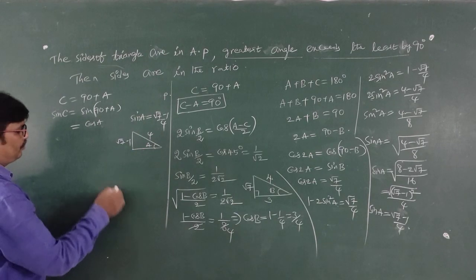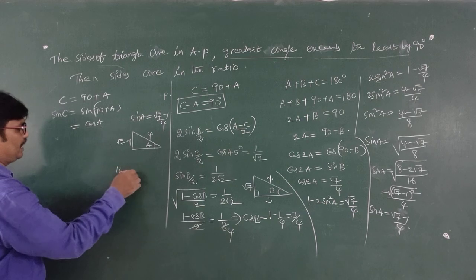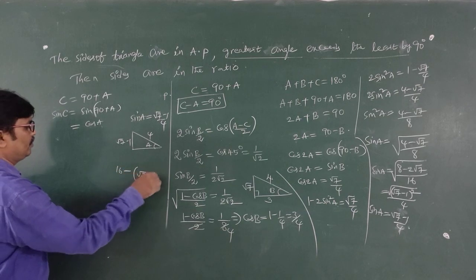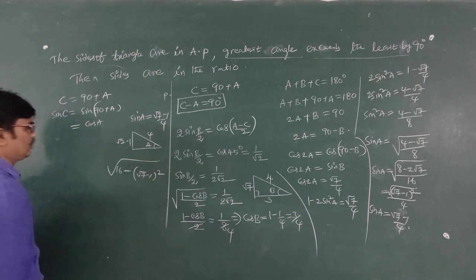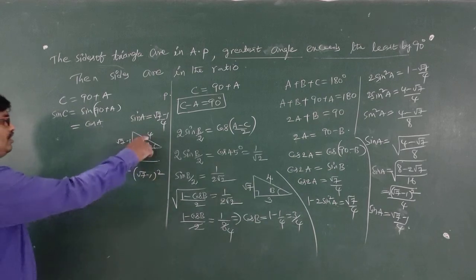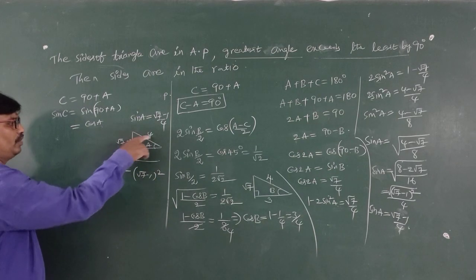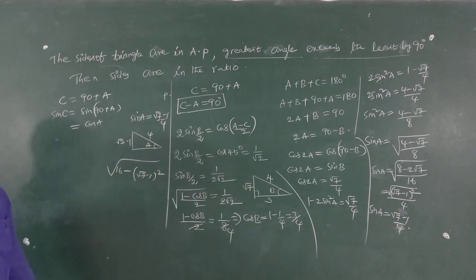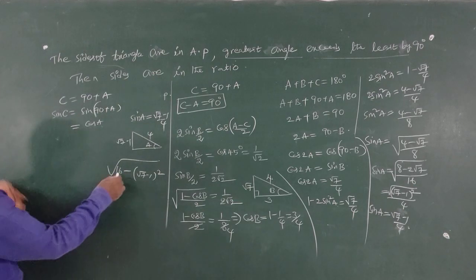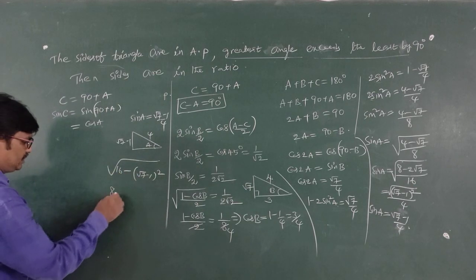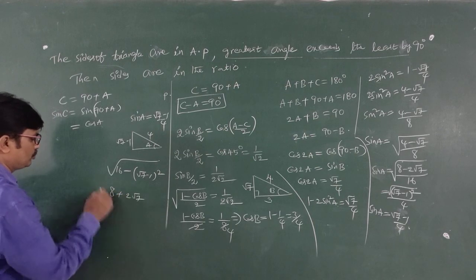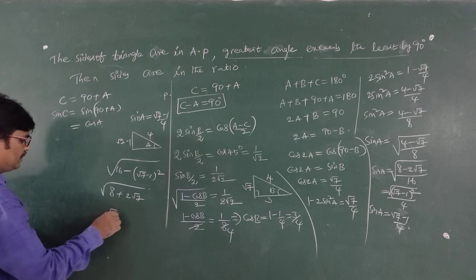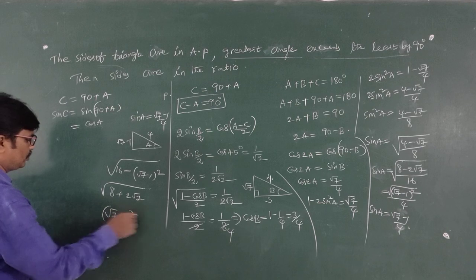Under root of 16 minus (root 7 minus 1) whole square. Is it clear? Hypotenuse square equals side square plus side square. 16 minus 8 is 8 plus 2 root 7. This is what, students? (Root 7 plus 1) whole square.